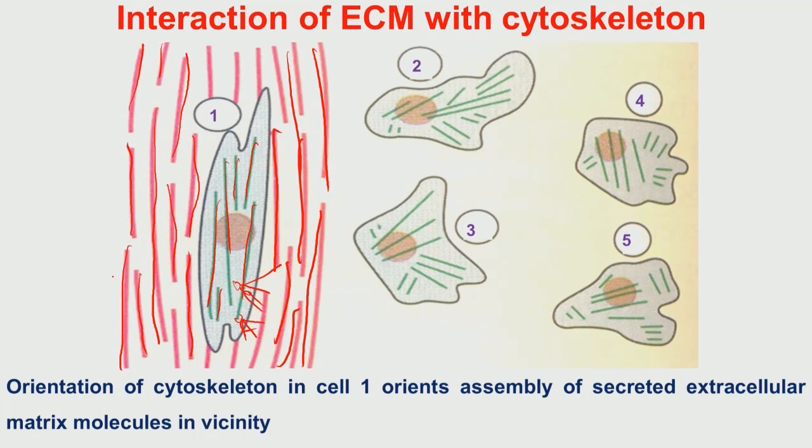However, in the neighborhood of cell number 1, if there are 4 other cells, 2, 3, 4, 5, you notice their actin filaments or cytoskeleton fibers are oriented quite differently with respect to the ECM around cell number 1. What it means is that there is a clear mismatch in orientation between the intracellular cytoskeletons and the extracellular matrix collagen here.